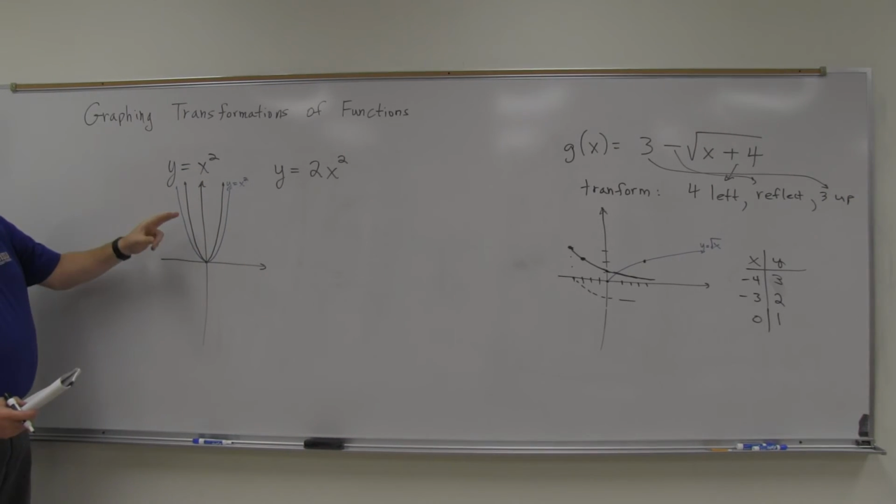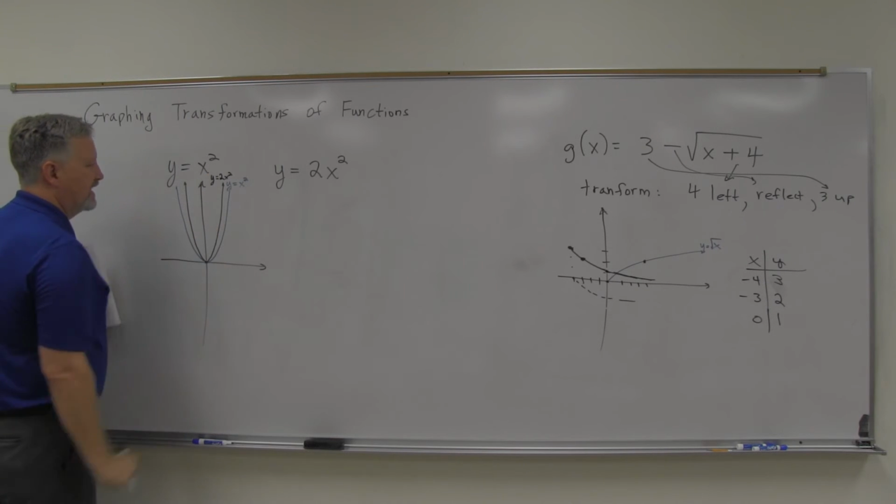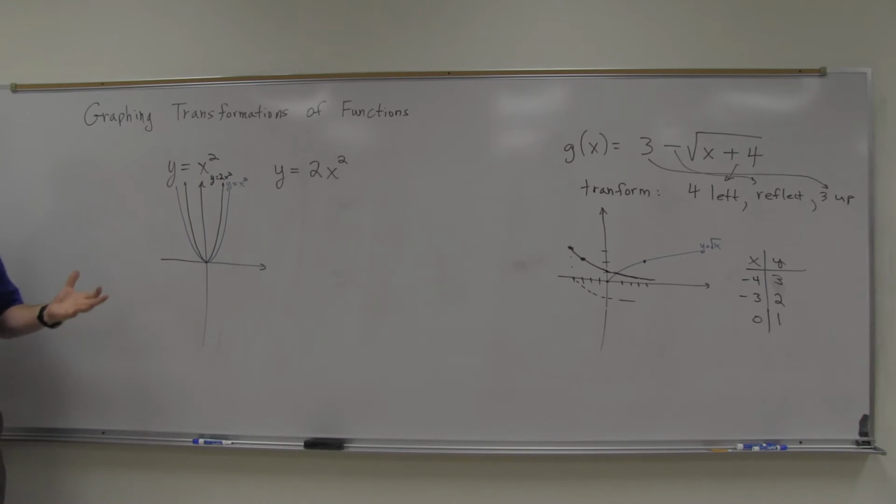Well, what that amounts to, so my y equals 2x squared is right here. How would you describe that? Well, it didn't shift it up 2 because this point is still 0, 0. What this did, the way they typically describe it, it's not a shift, it's a stretch.